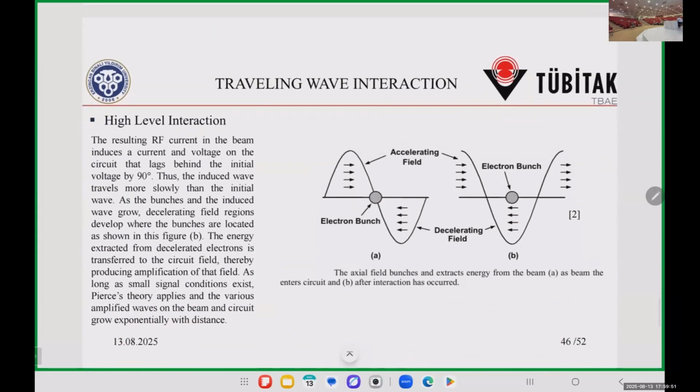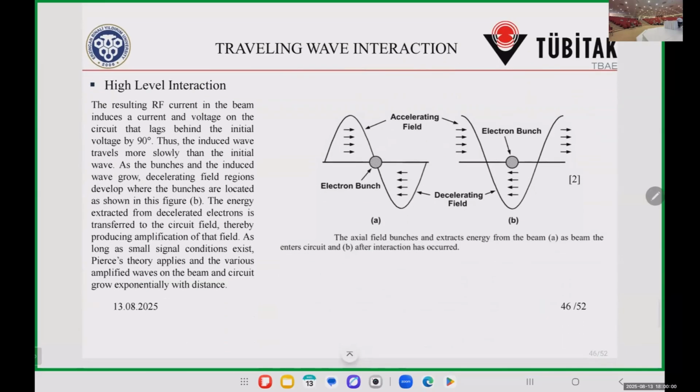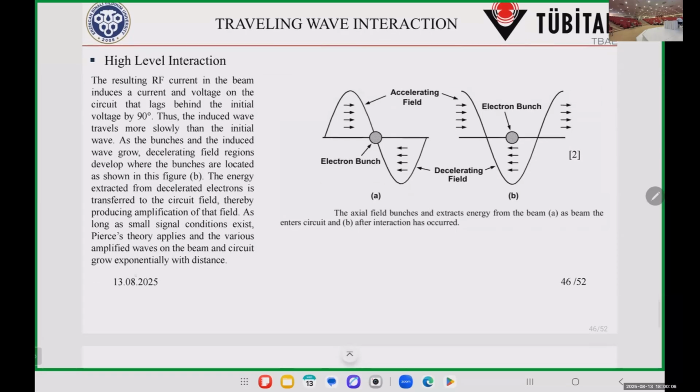So the resulting RF current in the beam induces a current and voltage on the circuit that lags behind the initial voltage by 19 degrees. Thus, the induced wave travels more slowly than the initial wave.